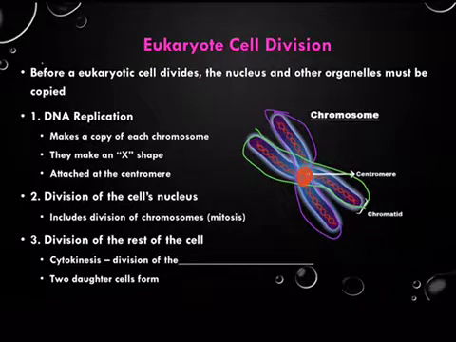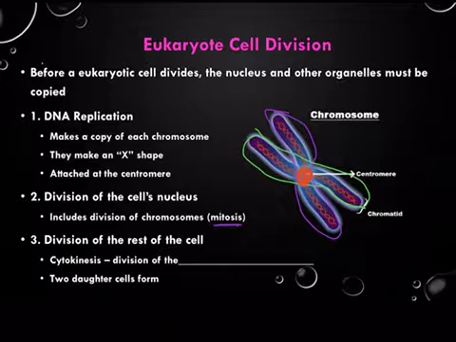Once that DNA has been copied, then the nucleus needs to divide. So that means we need to divide the chromosomes in a process we call mitosis. Then, after mitosis occurs, then the division of the rest of the cell.